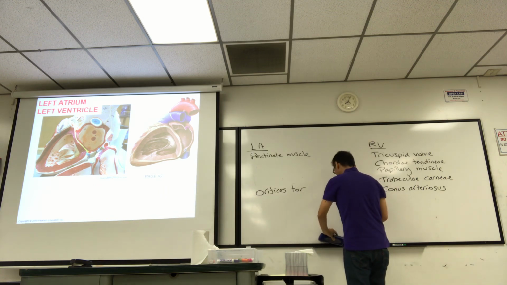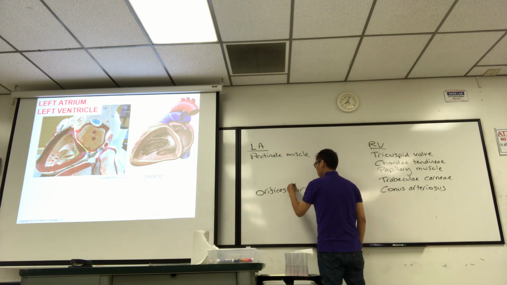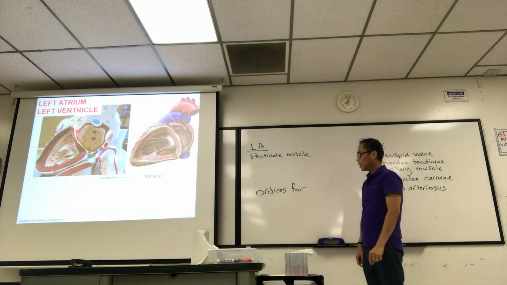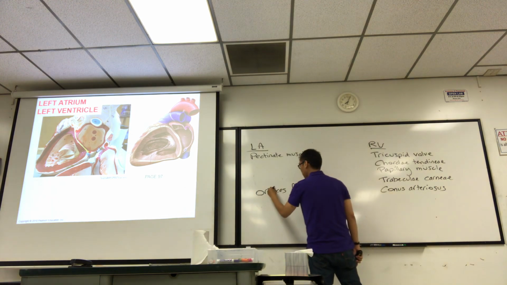Now let's remember what drains into the left atrium. It's receiving blood from your lungs, so it's getting the oxygenated blood. There are four orifices for those pulmonary veins. You should be able to identify them.